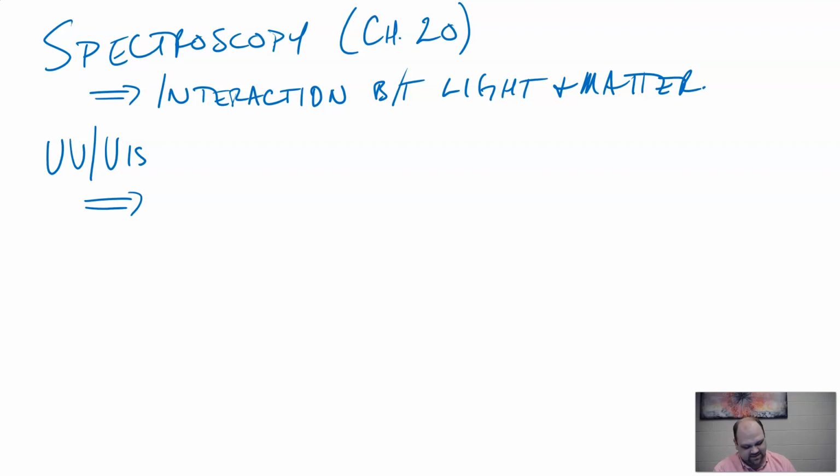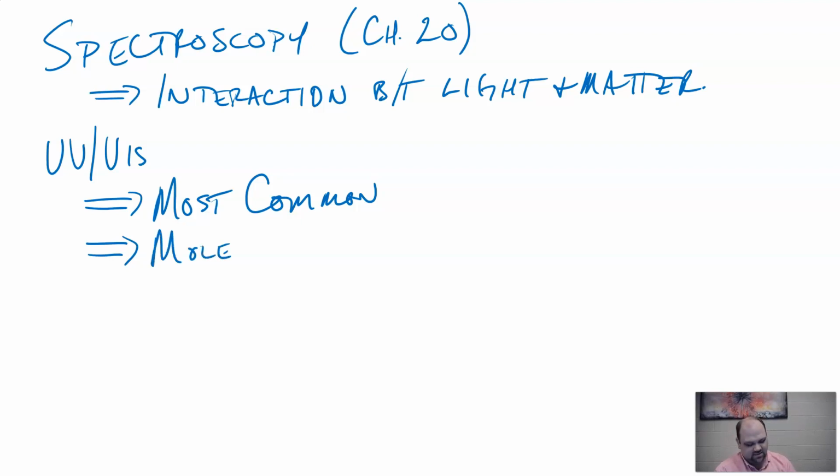Again, that's ultraviolet visible. This is by far the most common type of spectroscopy. And when we talk about UV vis, more often than not, what we're interested in is molecular information. With NMR, we can get some information about the connectivity of molecules.